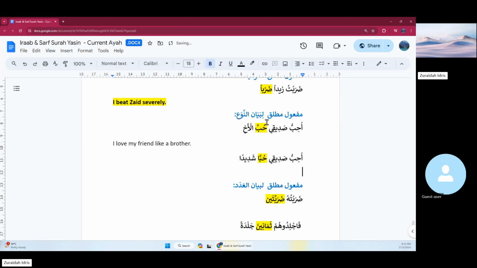You can do this in two ways when you do maf'ul mutlaq that clarifies or describes something. One is, of course, when you describe it as, like a brother or like a son, things like that. Or you can also stress it in terms of a mawsuf sifah. In this case, it's mawsuf sifah. So in this case, we would say something like, what do you think? What should we put here?